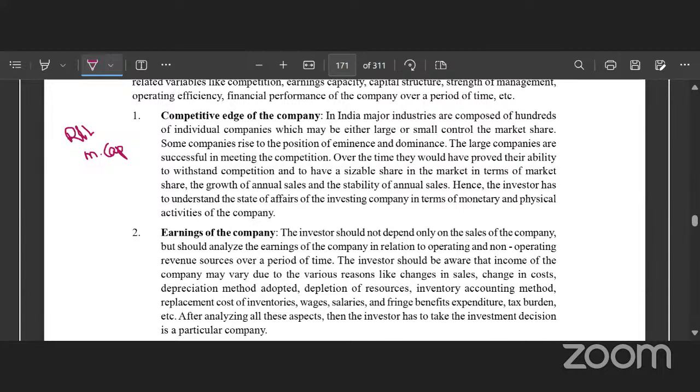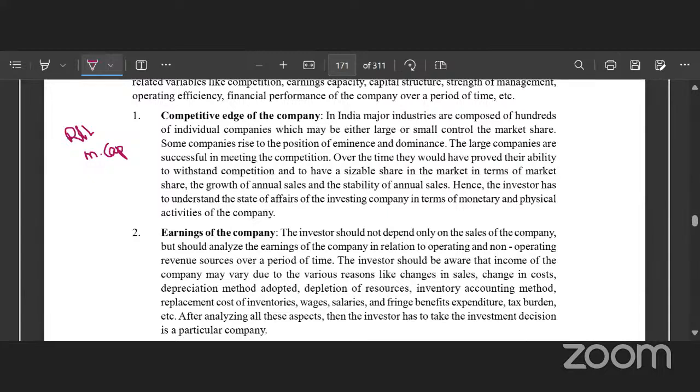When there are so many companies, they do not all enjoy the competitive advantage. The competitive advantage is generally enjoyed by companies that perform very well and become much bigger compared to competitors, so they show dominance over other companies.